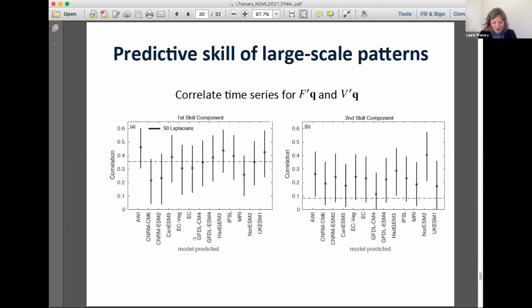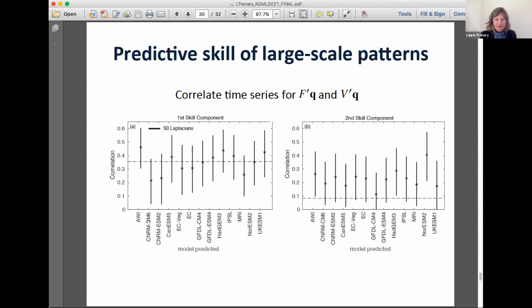Now, recall that we had pretty low correlations when we looked at the cumulative correlation. Now we've found this large scale pattern that's predictable. When we do this eigen decomposition, it's effectively filtering the noise and isolating that predictable structure.